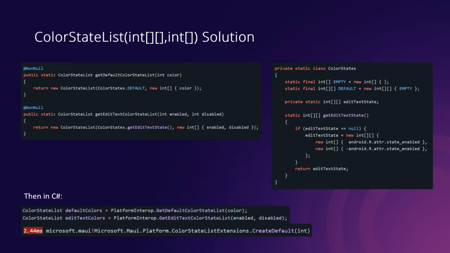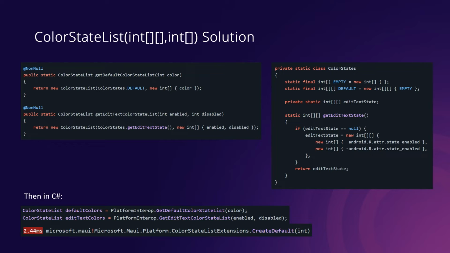So here's an example of what our Java code looks like. Instead of passing in this crazy integer array, it's just a single color for the default color state. And so for an edit text, that's actually like an entry, we only need to pass in 2 colors, right? And then all the default values are in Java, so it's not something that we even pass through between C# to Java.